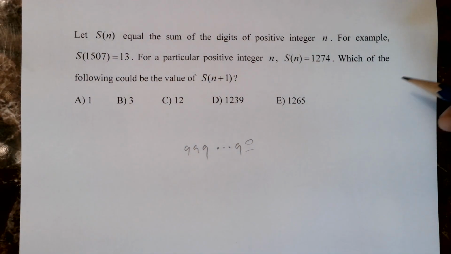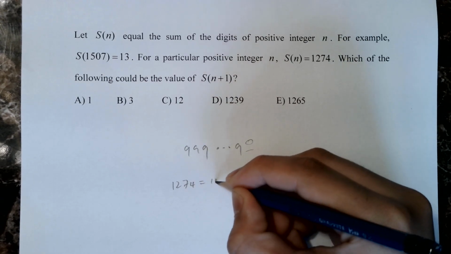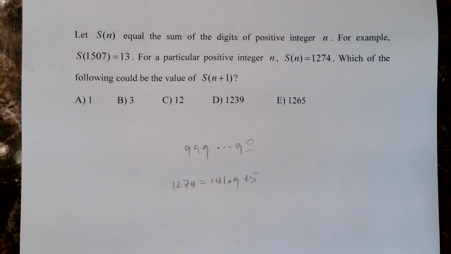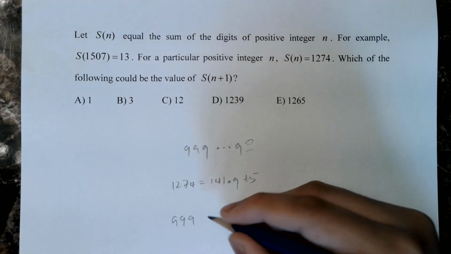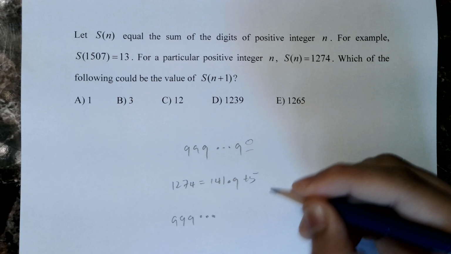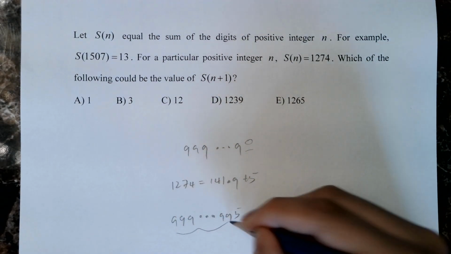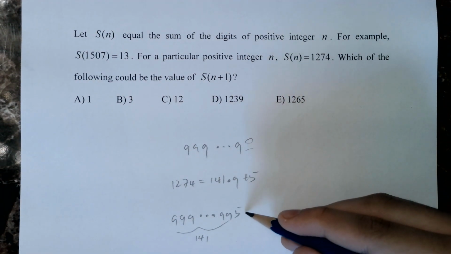Now, 1274 is equal to 141 times 9 plus 5. So we know that n is equal to 999... actually, no, we don't. Yeah, so 999 and then 5. There's a total of 141 nines and then it ends with a 5.